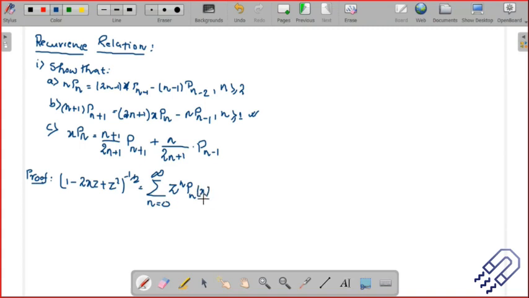Okay, so that's there, and then what we are going to do is differentiate on both sides with respect to z.